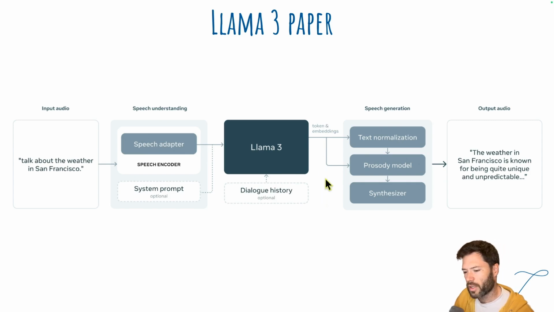Now, notice in this implementation, we are just coming out with tokens, but we're also coming out with embeddings. And it's the embeddings that can contain more information than the words alone. And this allows you then to improve the prosody, which has to do with the pace and the sound of the speech that is being emitted. So we know what Llama 3 is doing.